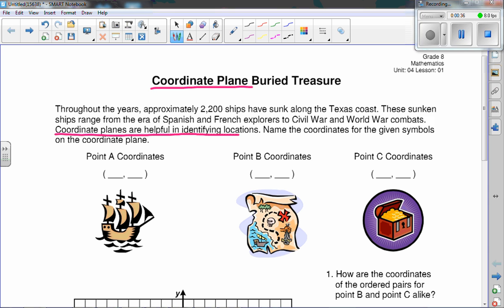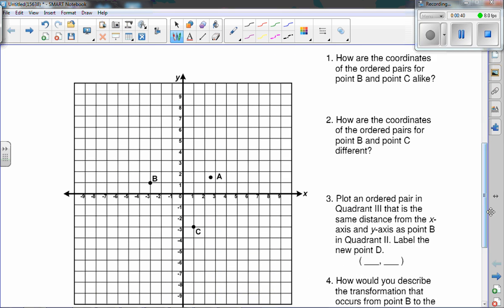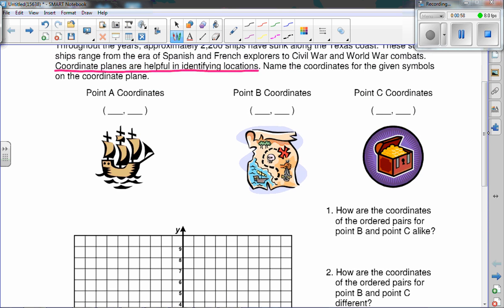So let's take a look at point A. If we are going to name the coordinates of point A, we would first look at our x-axis and go over 1, 2.5. So our x point is 2.5.